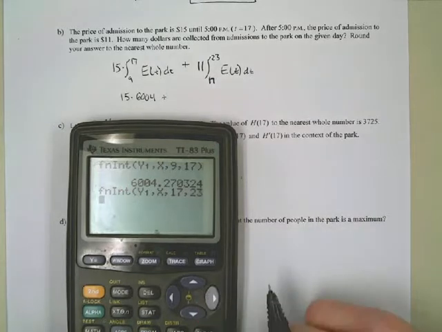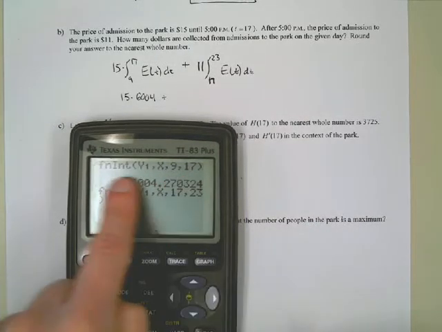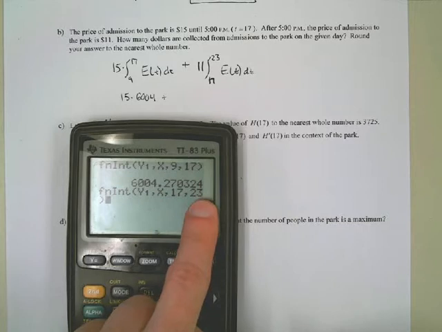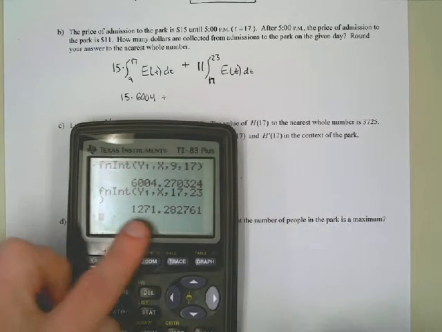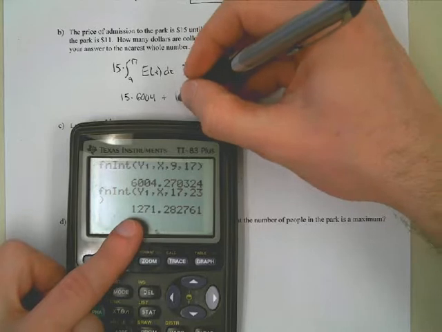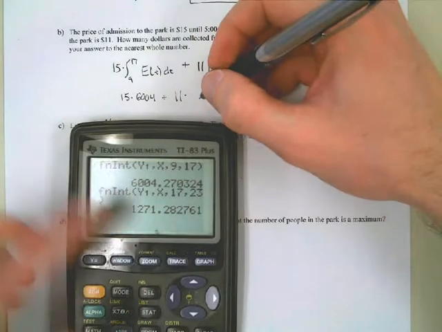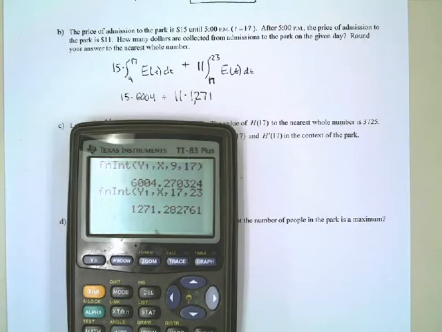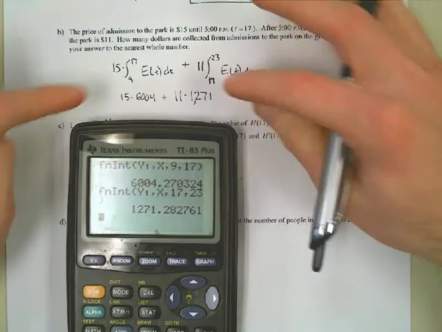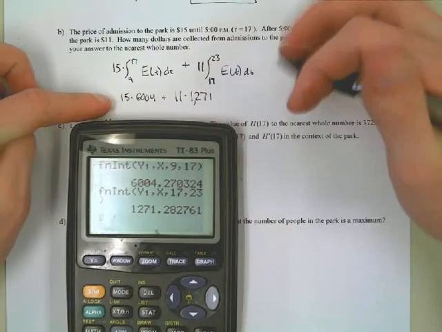All we have to do is just recall that previous command that we did and go from 17 to 23 instead of 9 to 17. And I get this. So we'll do 11 times 1,271. All right. And actually, we're done here. I don't need to continue this. I can just circle this answer, and I can just say dollars.